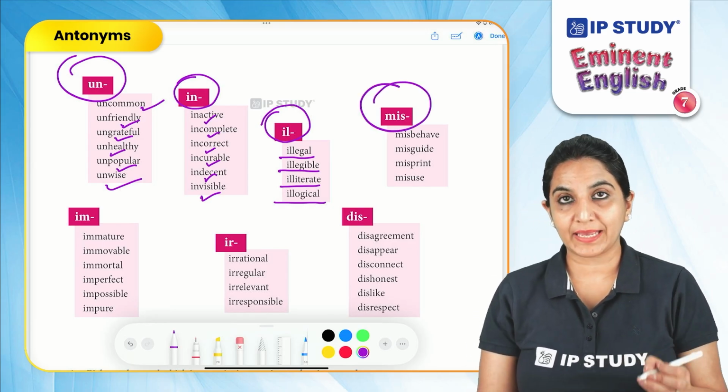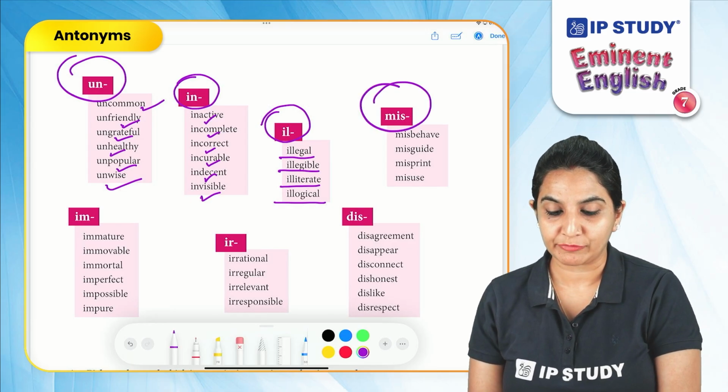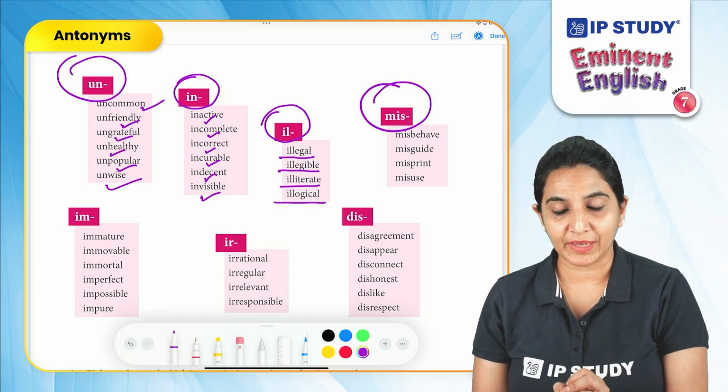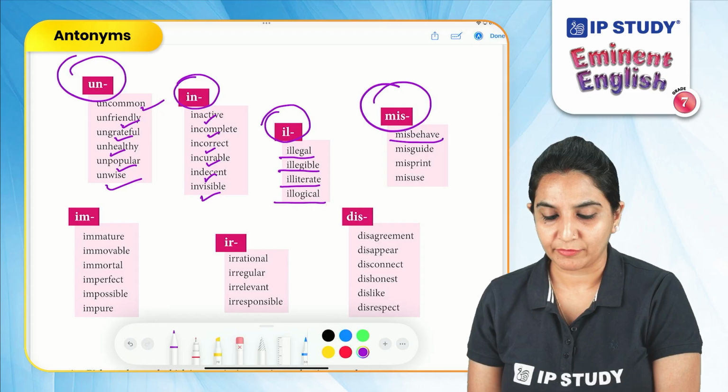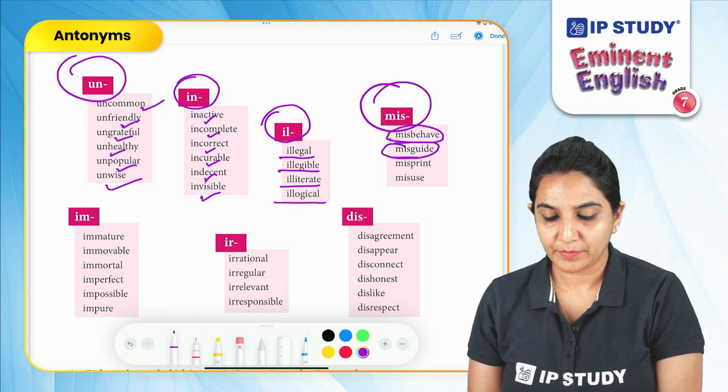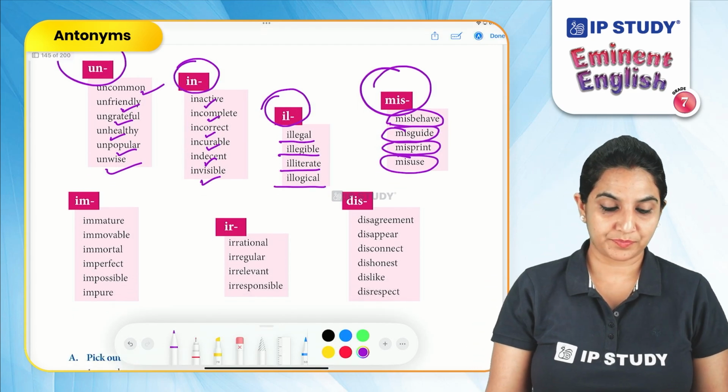The prefix mis can also make antonyms, such as behave. Good behavior, but the antonym for good behavior will be misbehave. Guide, misguide. Print, misprint. Use, misuse.